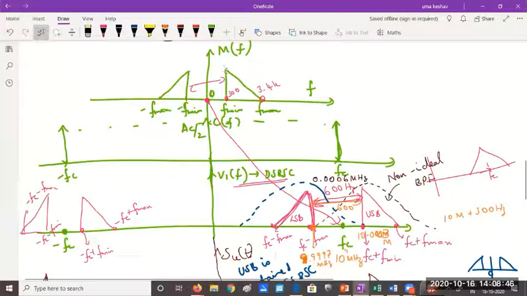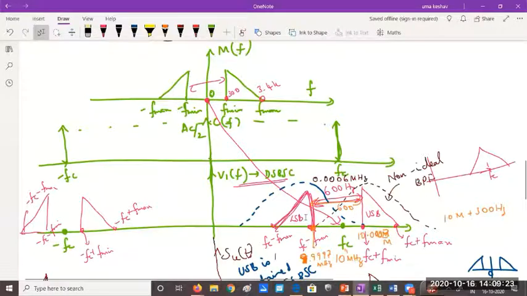So the beginning of the upper sideband will shift to 10.0003 mega, and the other end of this upper sideband will be f_c plus f_max. f_max is 3.4K, so that will be 10 mega plus 3.4K, 10.0034 mega. Similarly, the other end, the LSB would range from f_c minus f_min to f_c minus f_max.